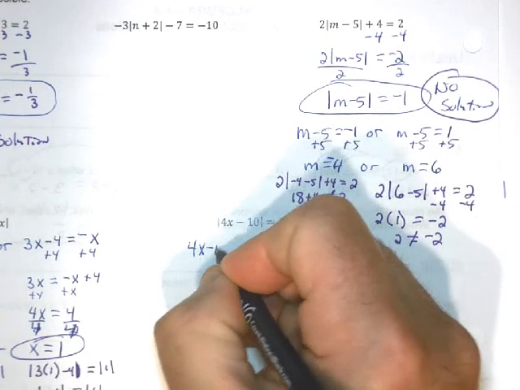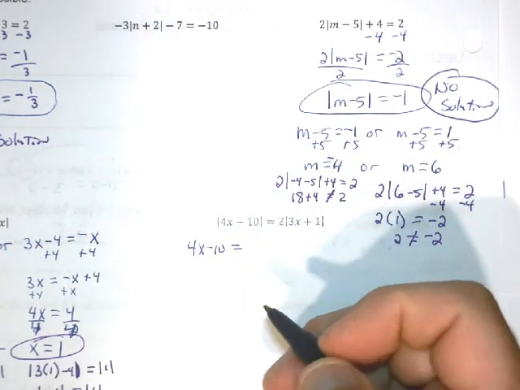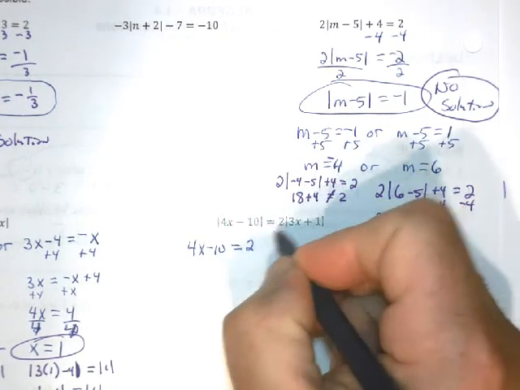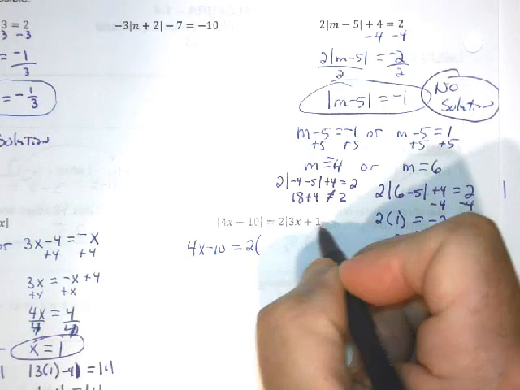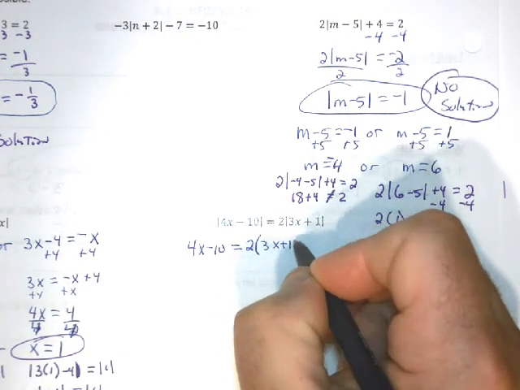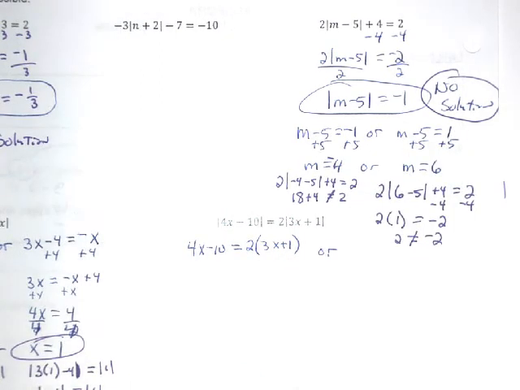So here we go. It is 4x minus 10 equals, so again, you're dropping the absolute values, equals a 2, and they still act like parentheses. We got to substitute those in. So parentheses 3x plus 1.